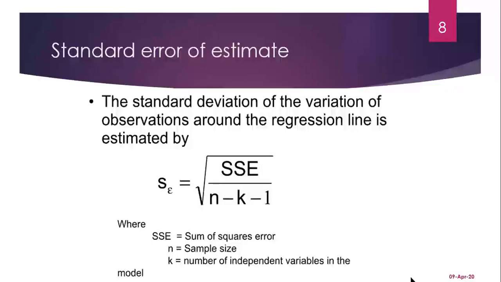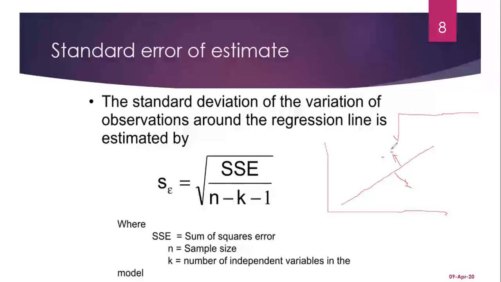This is the sum squared error. Sum squared error means the error you find out in this model. If these are your values, then you find out these distances, these Euclidean distances, and you take a square root of this.